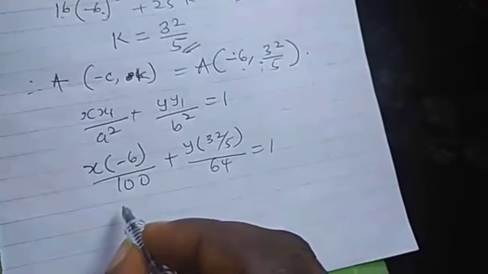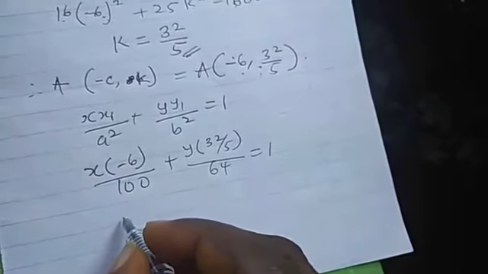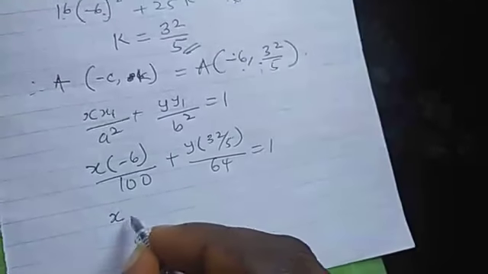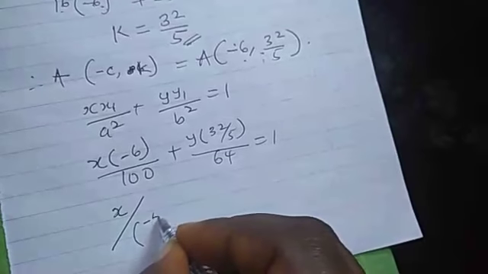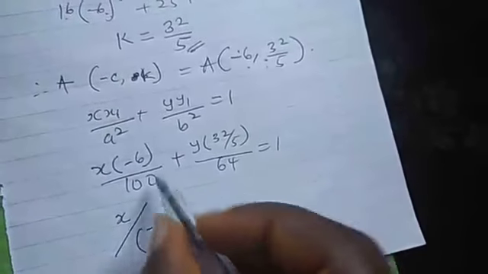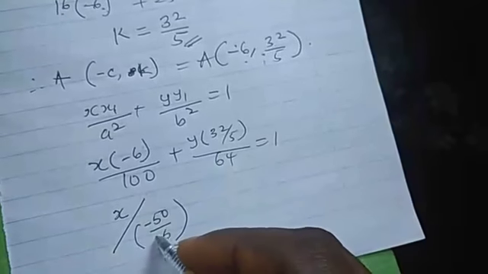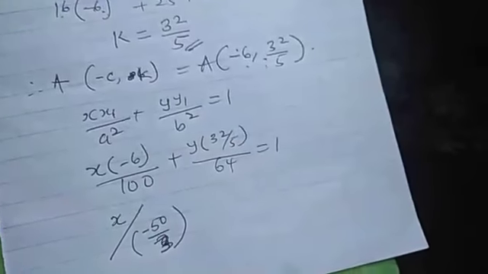So at the end of the day, when we divide the equation of the tangent, we should be able to have x divided by minus 50 divided by 6, because 2 can go, 50 divided by 3.